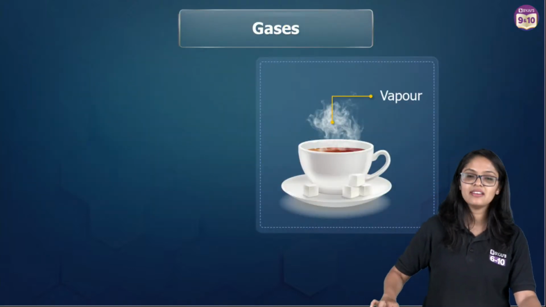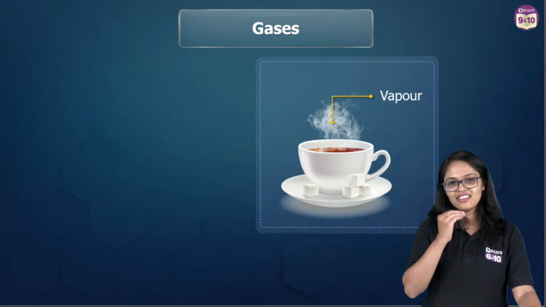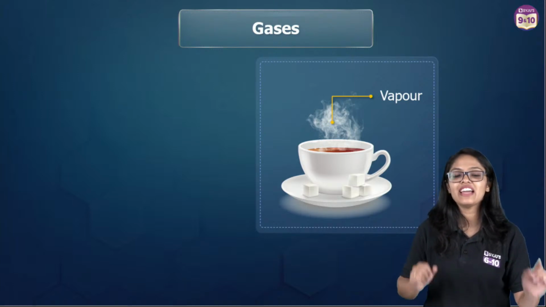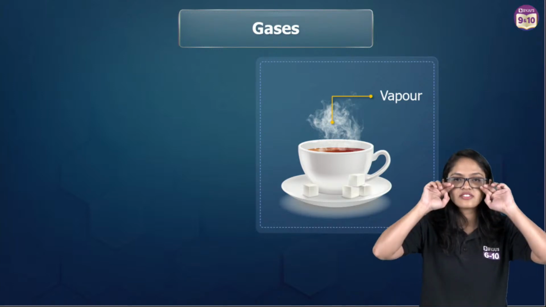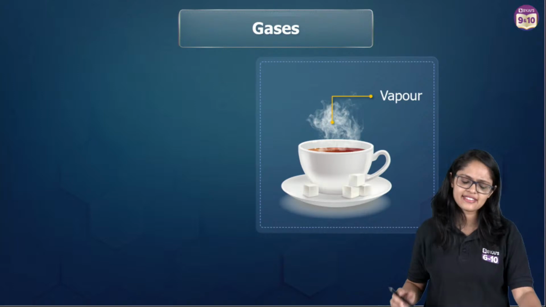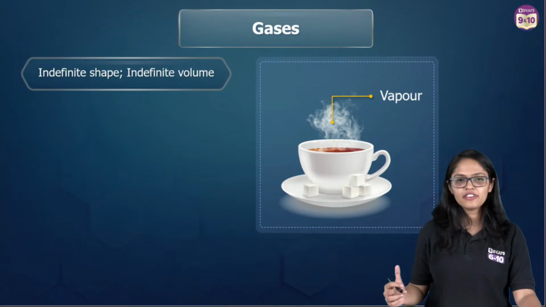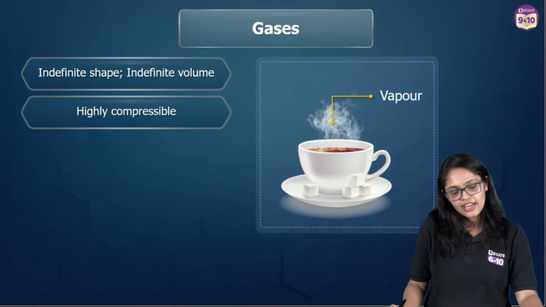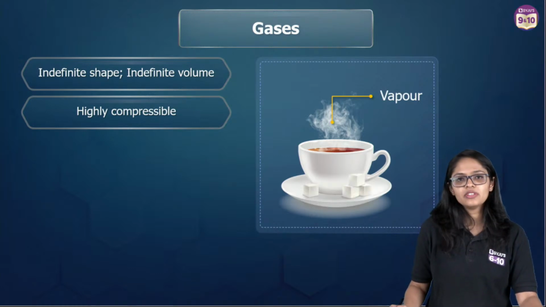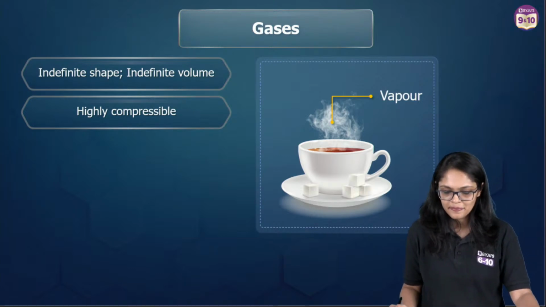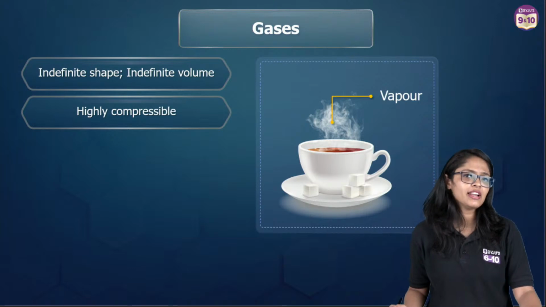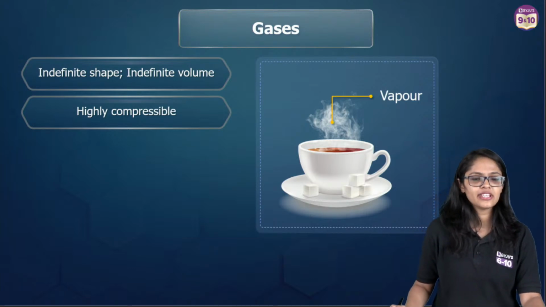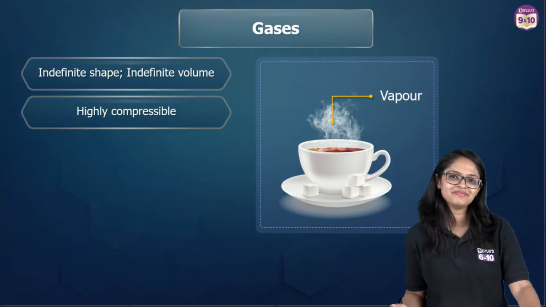Now, let's summarize whatever we have seen as the characteristics of gases. One is indefinite shape, indefinite volume. They are highly compressible. Do you think they will have fluidity? Can they flow?